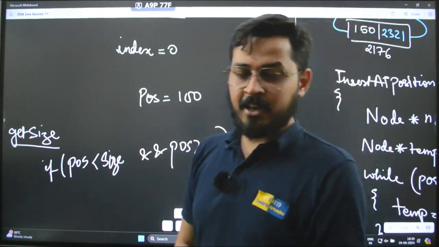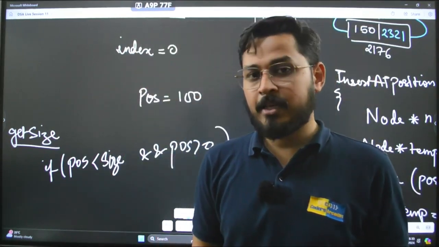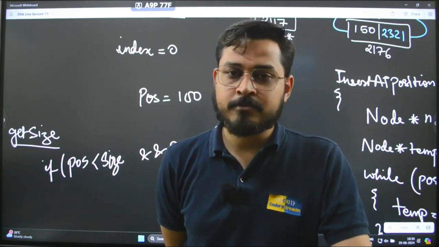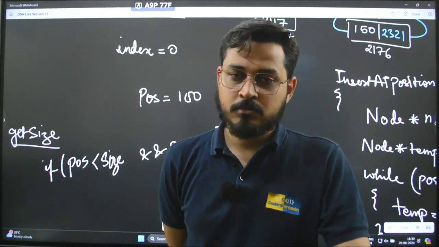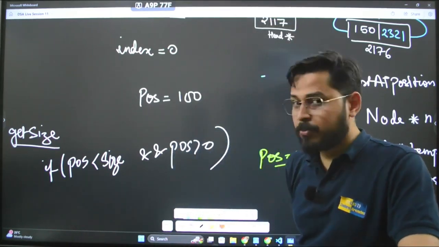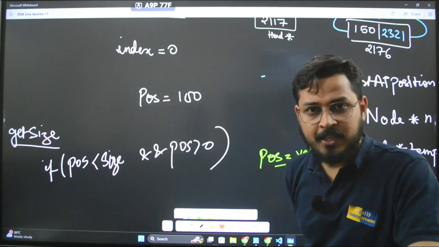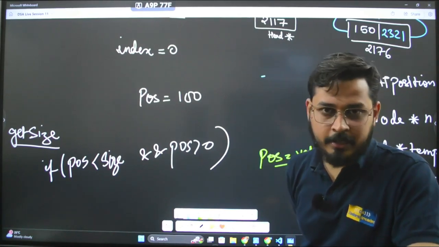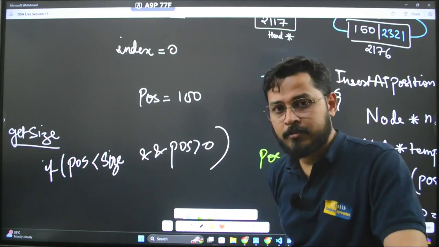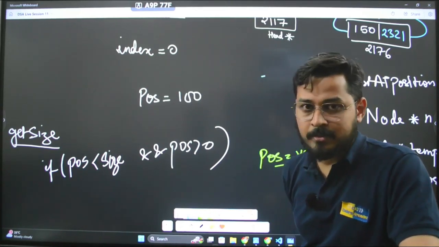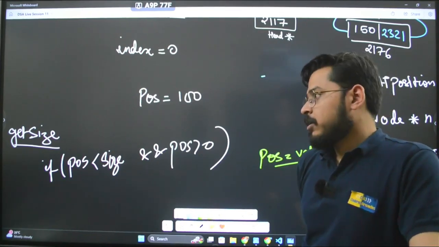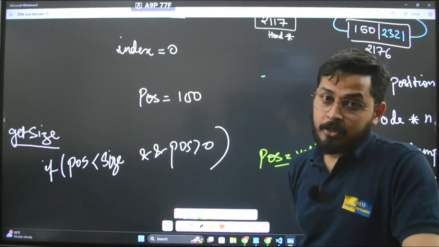If position is negative, then you cannot do anything in that particular position, you cannot insert anything. Are you getting my point? Or if the position is even greater than the size of the linked list, at that time also you cannot do any insertion in the linked list. These are the two conditions that you need to take care of.